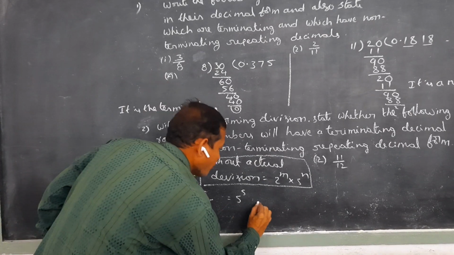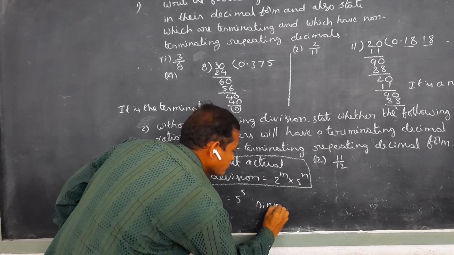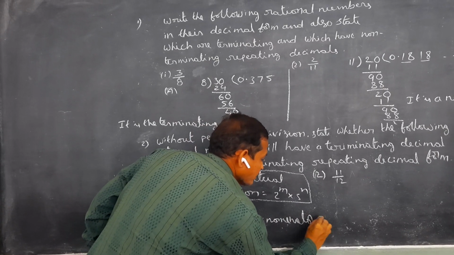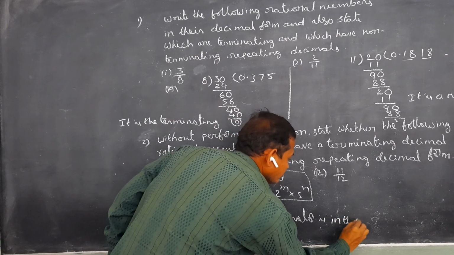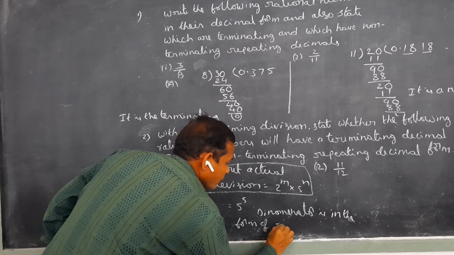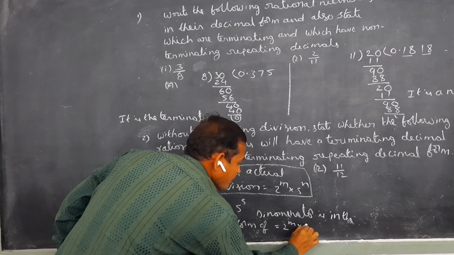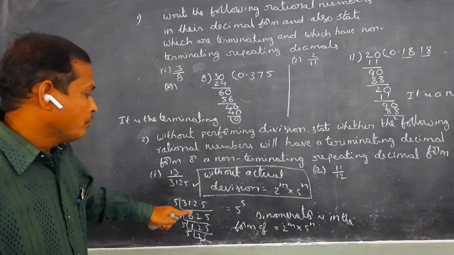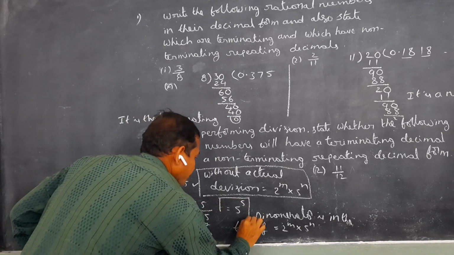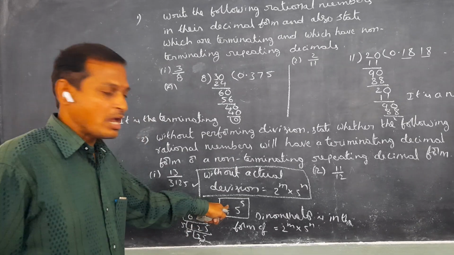So the denominator is in the form of 2 power m and 5 power n. Okay, children. In this sum, the value is in 5 powers.